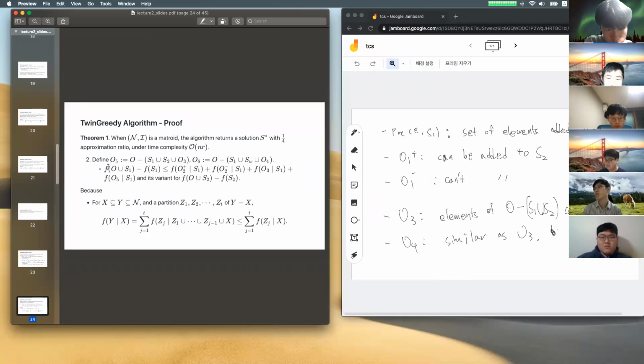Then F of O union S1 minus F of S1 is less than or equal to this. This is because of some fact that I presented at the very first part of this lecture, and some computation.